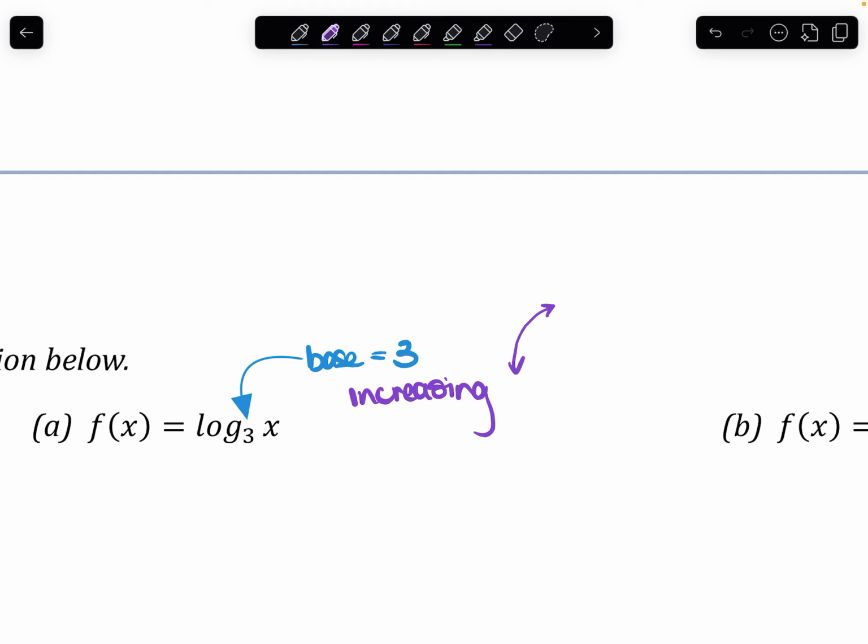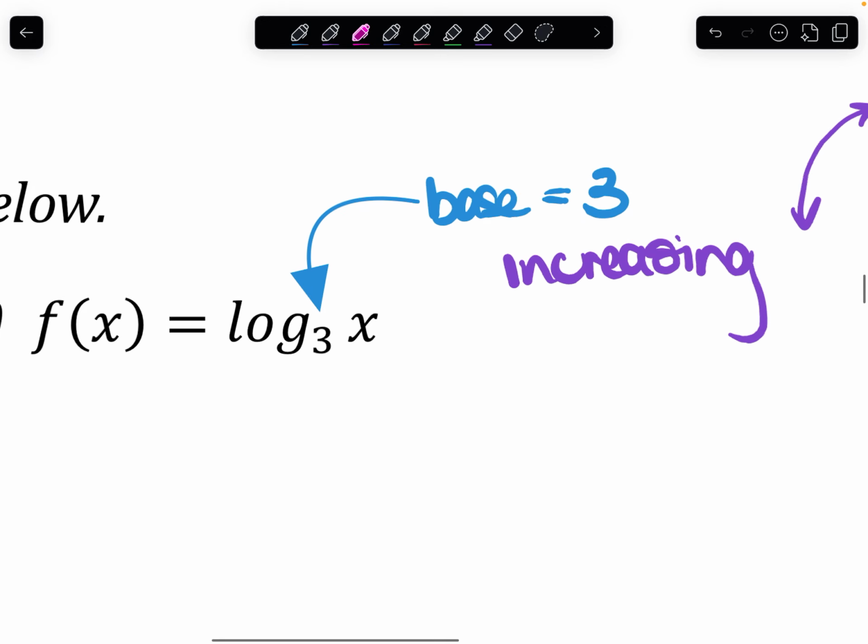If we look at the function f, there are no transformations whatsoever. To sketch this graph, I know that dashed vertical line is going to be along x equals 0. Since there are no transformations, we're going to put a note here.